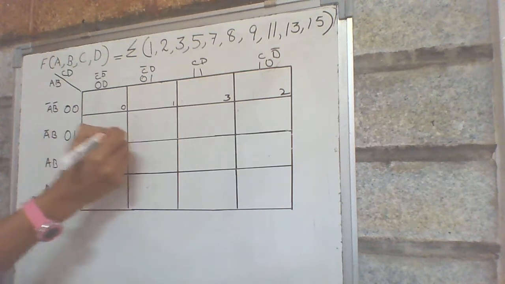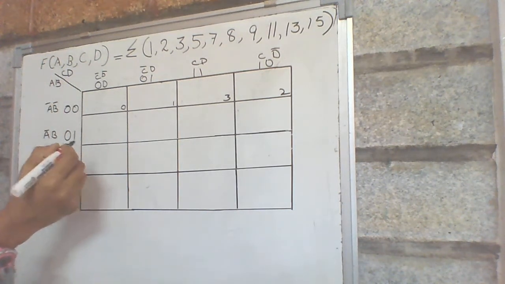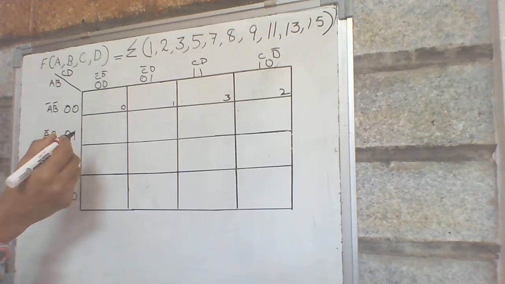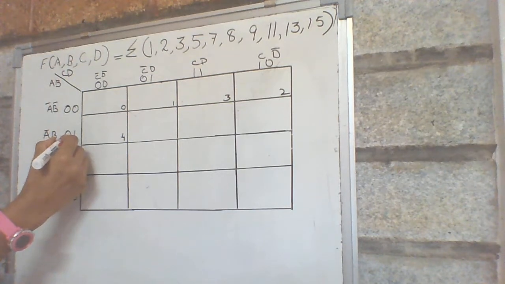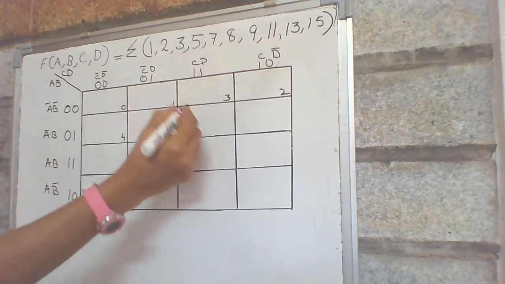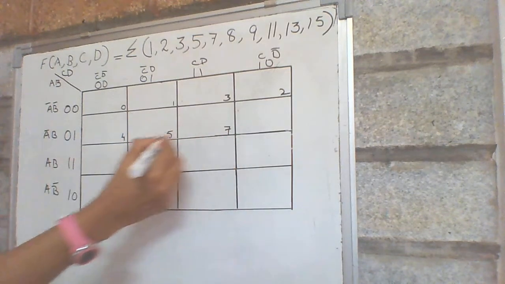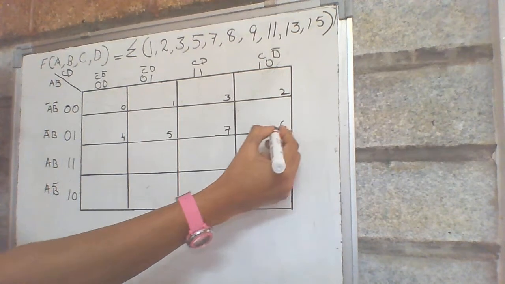Then the next row: 0, 1, 0, 0 is 4. Next, 0, 1, 0, 1 is 5. 0, 1, 1, 1 is 7. 0, 1, 1, 0 is 6.